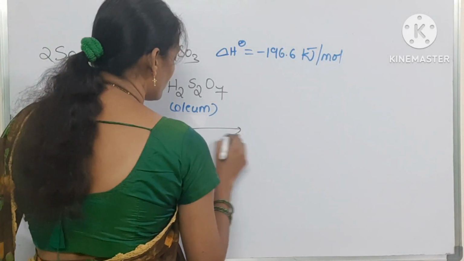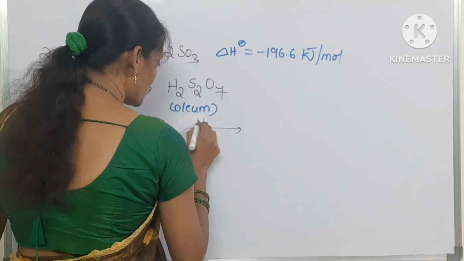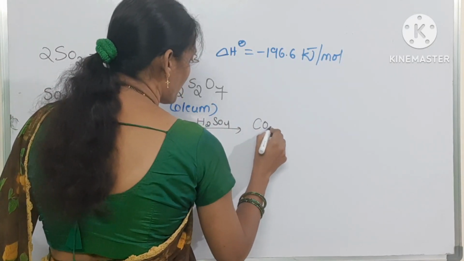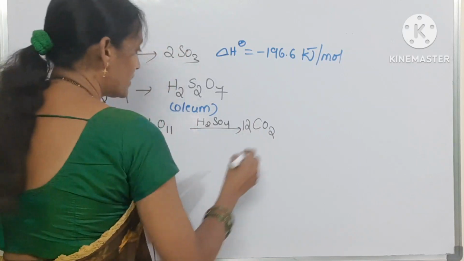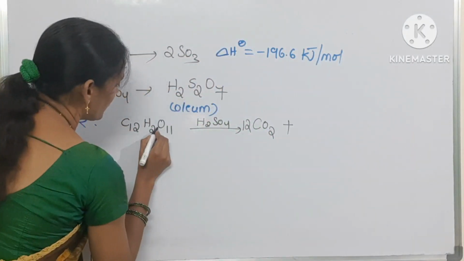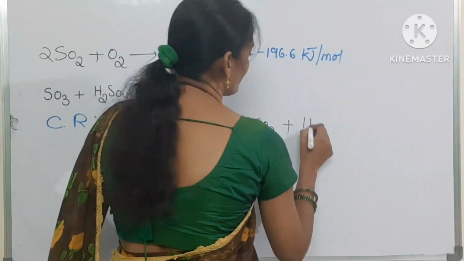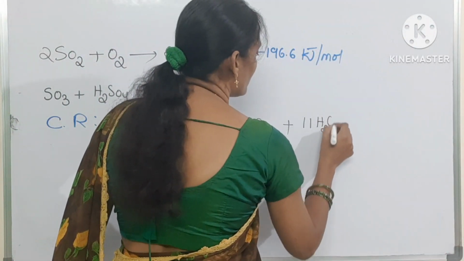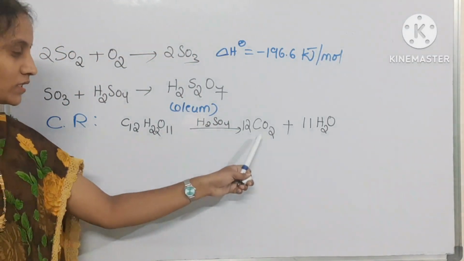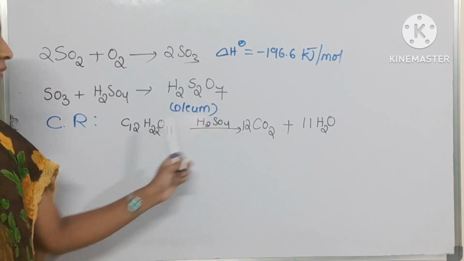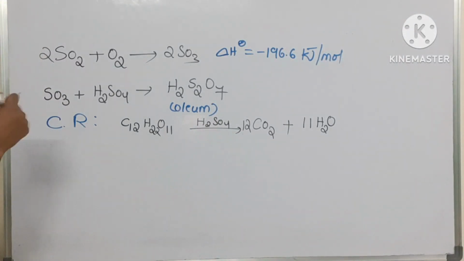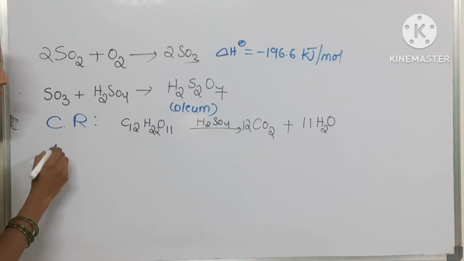If you dissolve this compound in concentrated H2SO4, you will get CO2, carbon dioxide, and 11 moles of water. It separates the water from organic molecules, so that it is completely decomposed. Then it oxidizes non-metals.